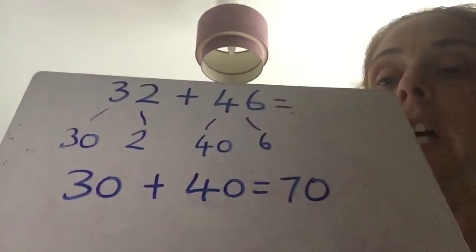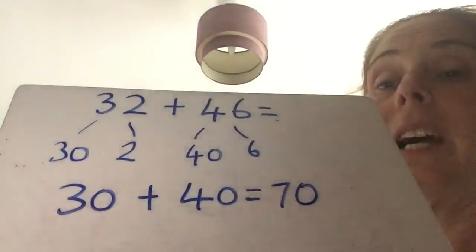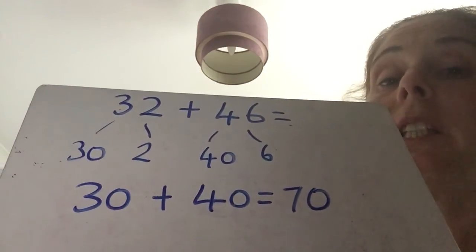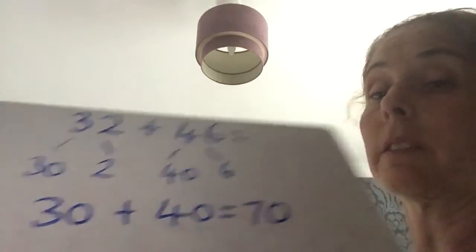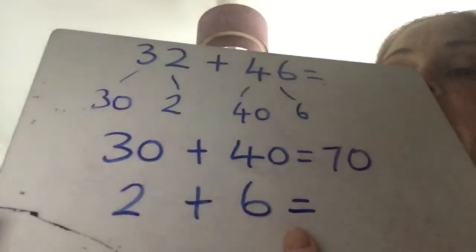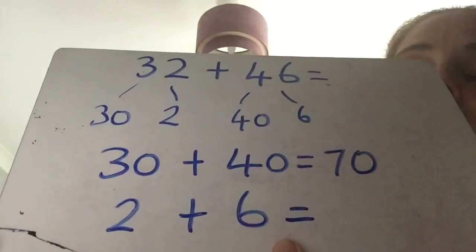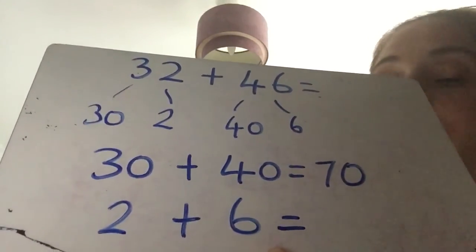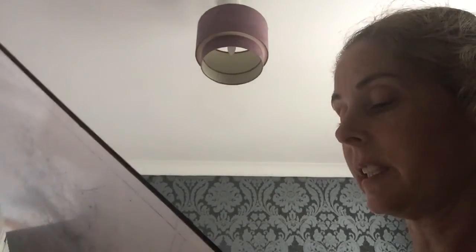Okay, so there you go. And then once we've done that, we're going to move on to our ones numbers and add them together underneath. Okay, so we've got 2 add 6 equals, underneath 2 add 6. So 2, 6, 7, 8. Okay, so we've got 8.